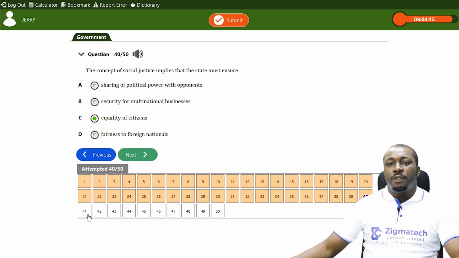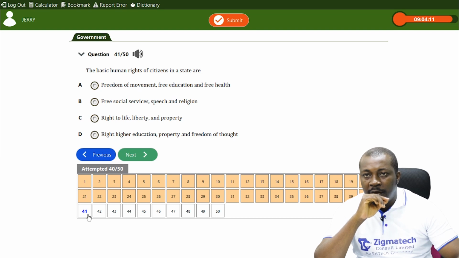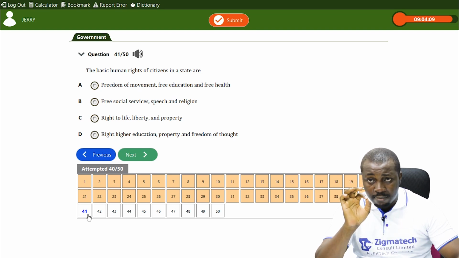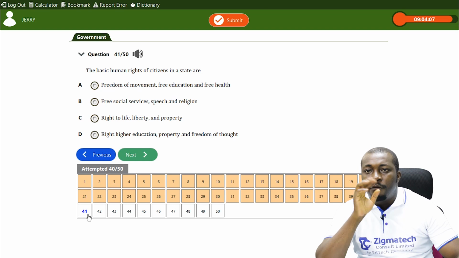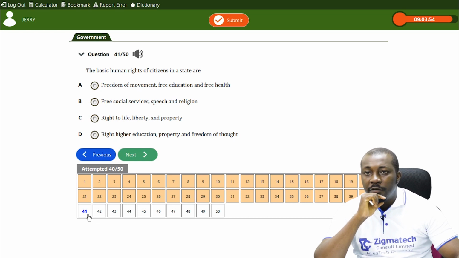Now, the next question says, the basic human rights of citizens in a state are the basic. A says freedom of movement, free education, and free health. Is free education a basic human right? No. B, free social services, speech, and religion.